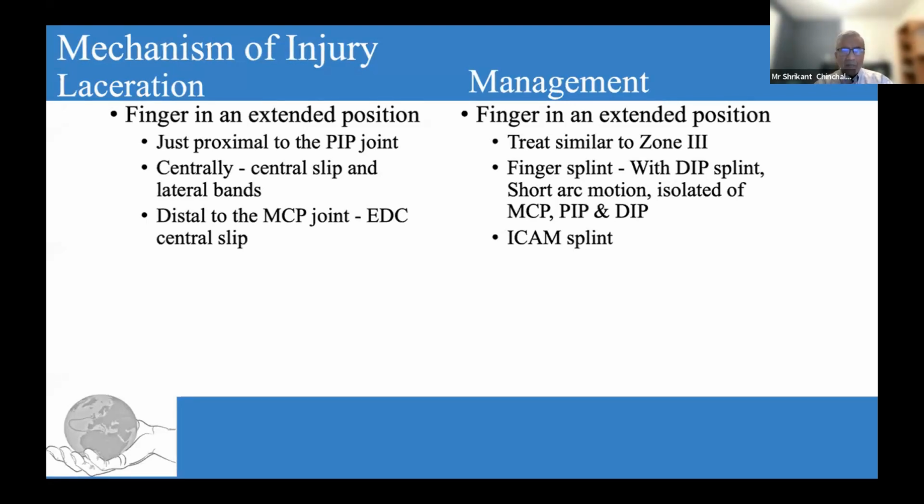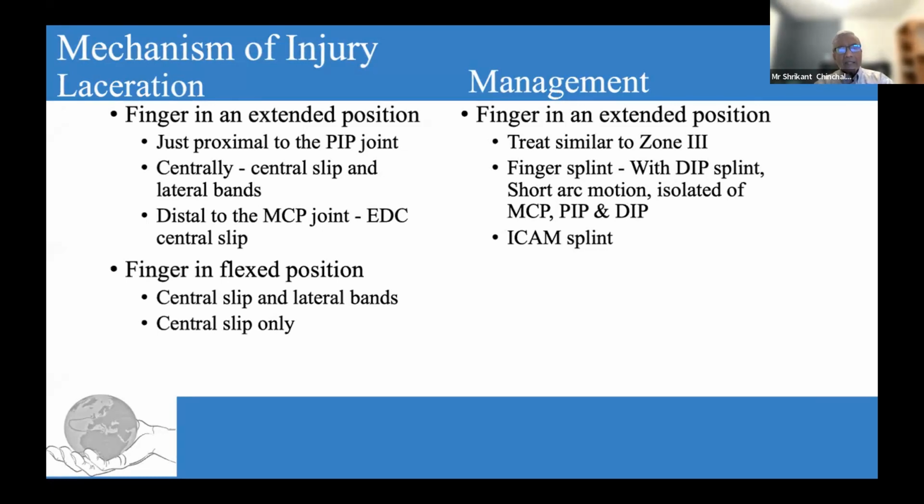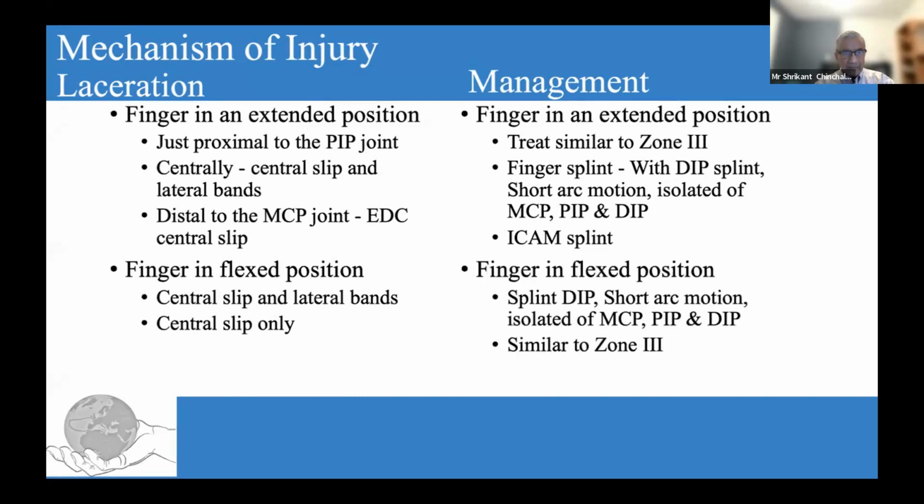Patients must perform isolated MCP, PIP, and DIP joint exercises. But while you are moving the DIP joint and the PIP joint, make sure that the DIP joint is splinted. For injuries distal to the MCP joint, of course, the management can be with the ICAM splint.